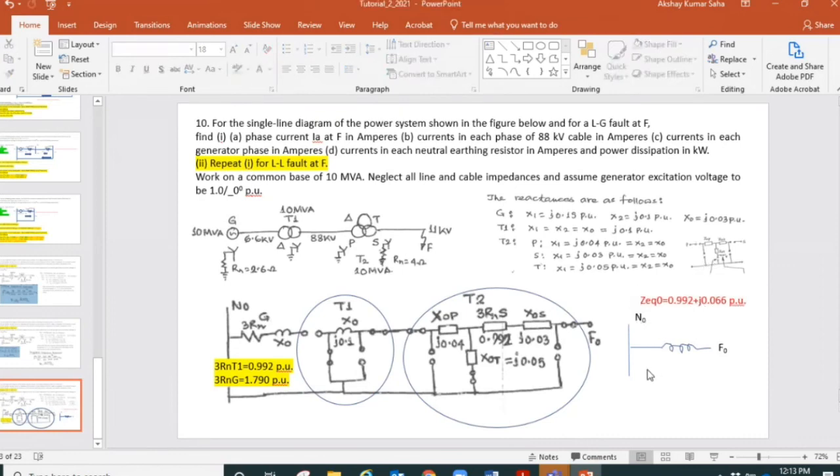I'm writing it as Z impedance because it has X, it also has R. So R plus jX, R is 0.992, that came from the 3Rn of the transformer T2, and the X came from the combinations.